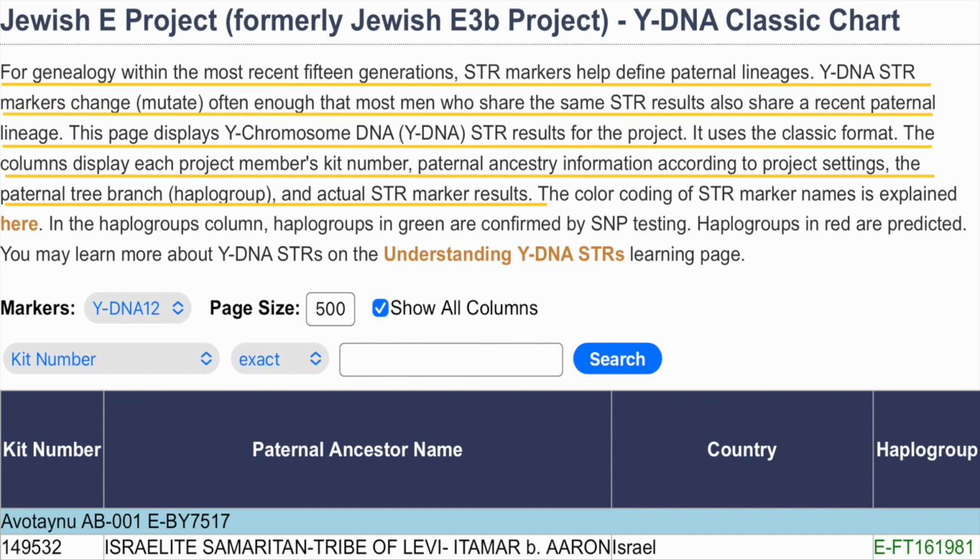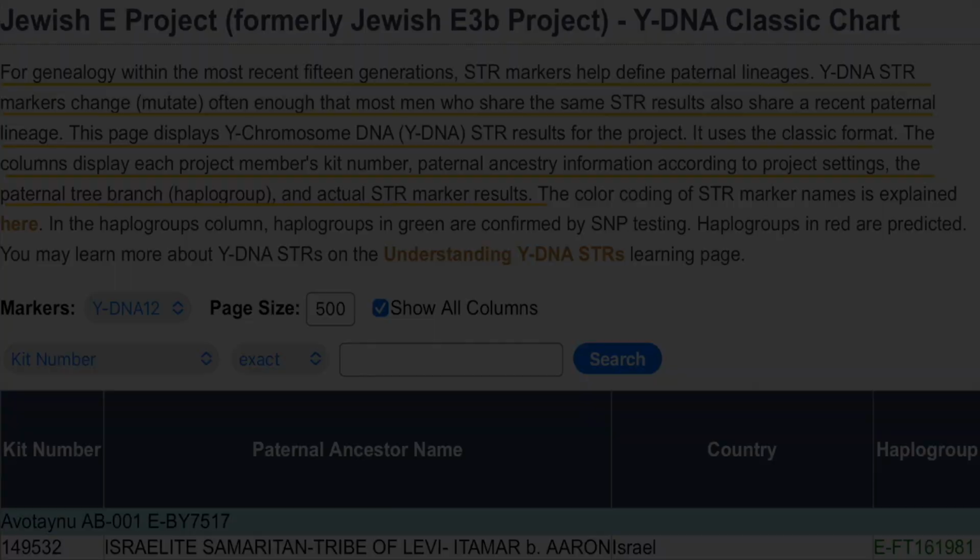Furthermore, if you look on Family Tree DNA at the Jewish E-Project Y-DNA chart, you will see at the top the first sample is Israelite Samaritan tribe of Levi, and its haplogroup is haplogroup E, specifically E-FT161981.